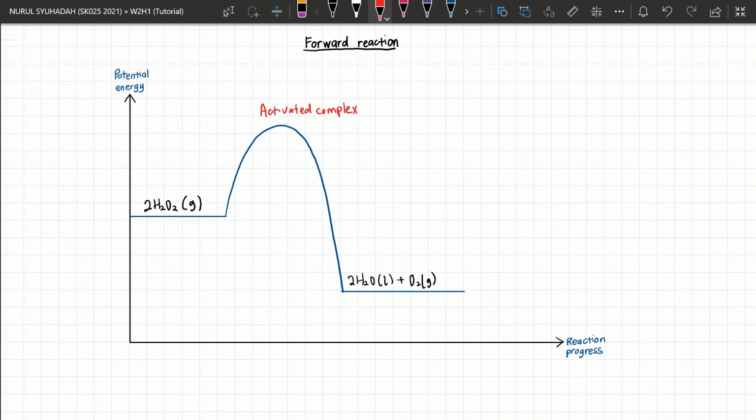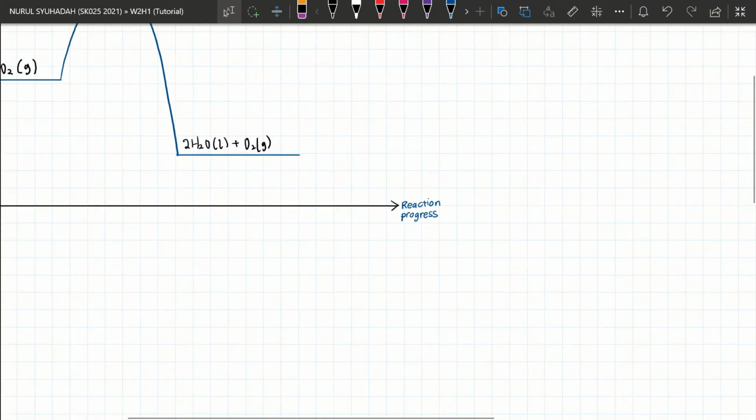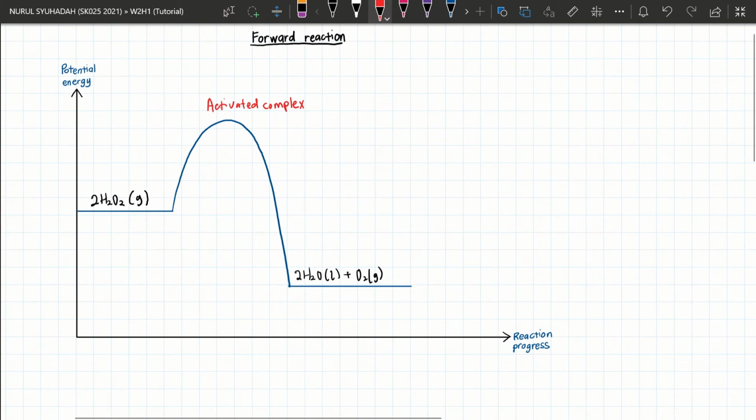Okay, so the next part is labeling the activation energy, the EA. Like I mentioned before, the activation energy will be from our reactant towards the activated complex. Your choice is either to label it inside here, or you can also label it outside. For this one, I want to label it inside. So what you can do is draw some line over here, and then draw your arrow.